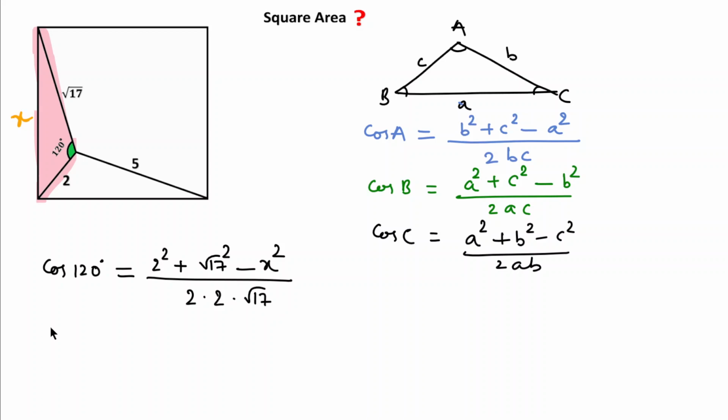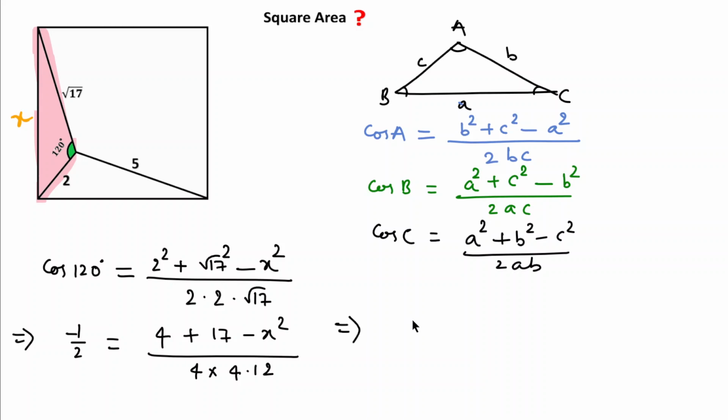We know cos 120 degrees is minus 1 over 2, 2 square is 4, root 17 square is 17, minus x square, over 4 into root 17, which is 4.12.